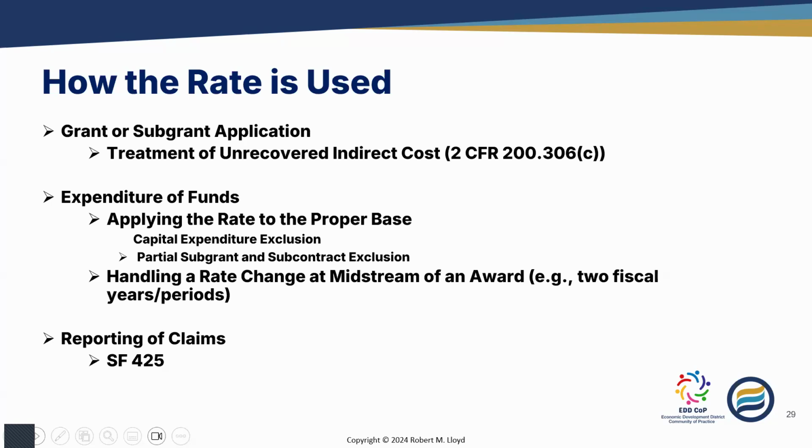Now, that requires permission of the awarding agency, but it's a way to deal with the fact that if you've under recovered, you get the benefit of the expenditures that were made in the indirect cost pool.